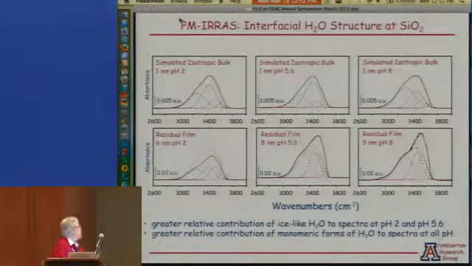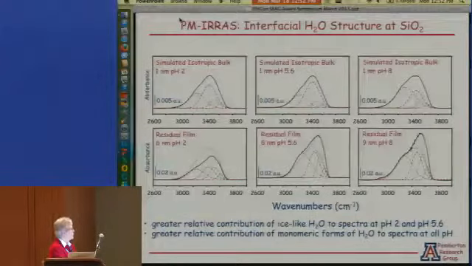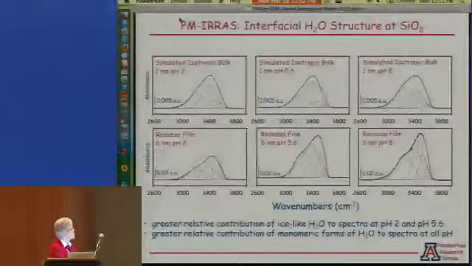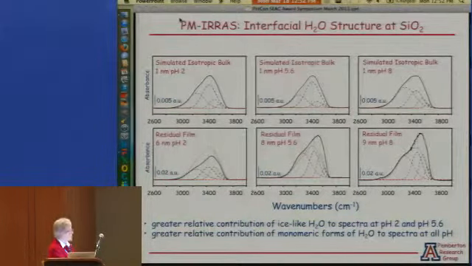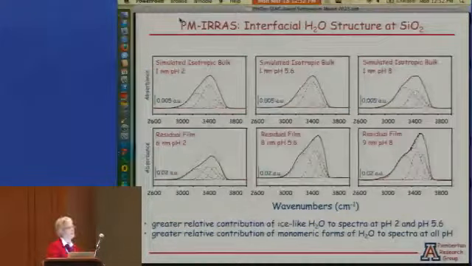And the take-home message is that we get really excellent spectral data on the solvent, which really gives us a lot of insight into molecular structure of solvent in the interface. The envelope shape, if you just want to do some pattern recognition with me, you can see that the envelope shapes of the solid lines are different from those of the bulk spectra, which tells you that the structure is indeed different.